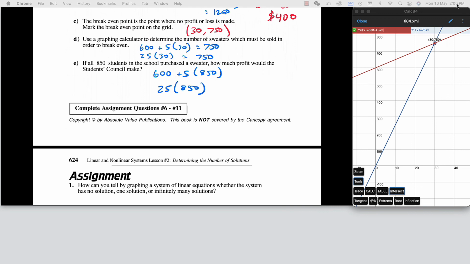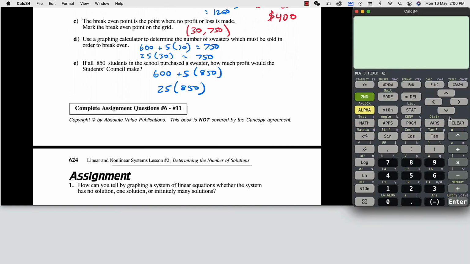So if we head over here to the calculator, just quickly clear that screen and go 850 times 5. Okay, so that's 4,250. Add to that the original cost of 600, and we have a total cost to get the shirts made of $4,850. That's the cost.